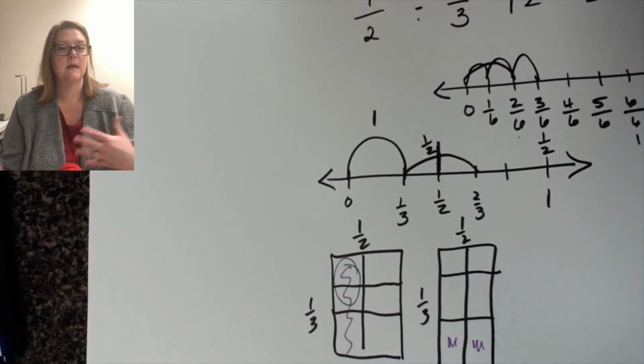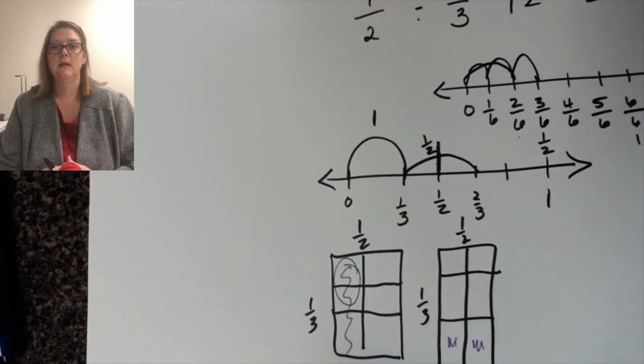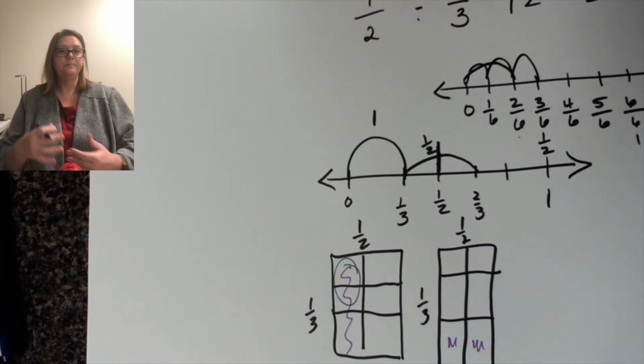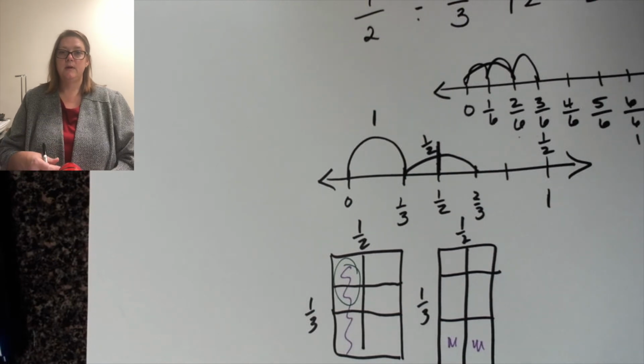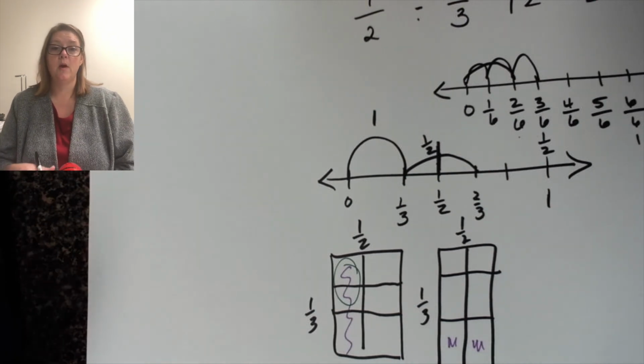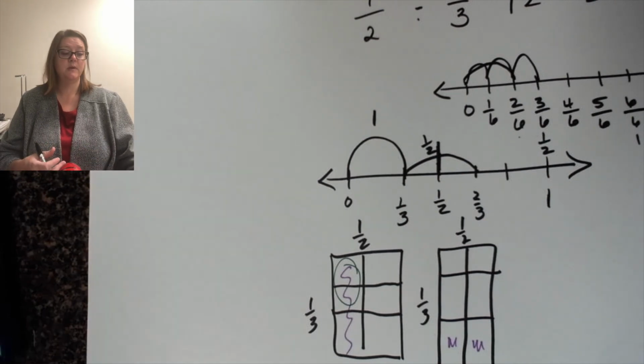So seeing that stuff is so important for our kids. And I have said before, with our kids, make sure that you are giving them all the opportunities, and the CSA really does give them all the opportunities to get their hands on the manipulatives.